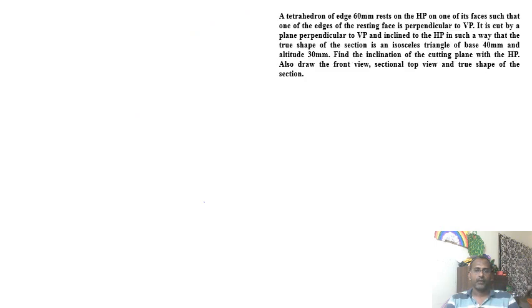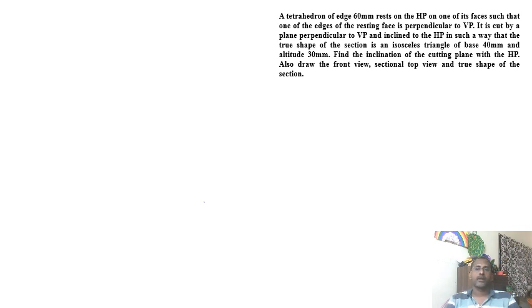In your tutorial book, you will find this particular problem in tutorial number 8. A tetrahedron of edge 60 mm rests on the HP on one of its faces, such that one of the edges of the resting face is perpendicular to VP.